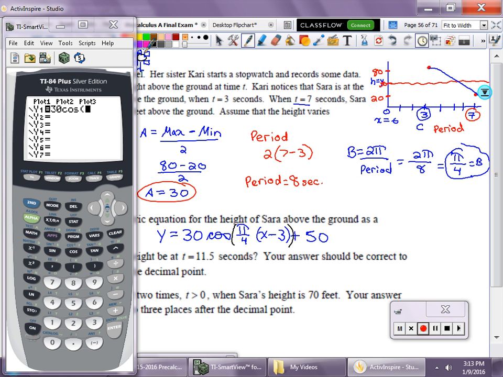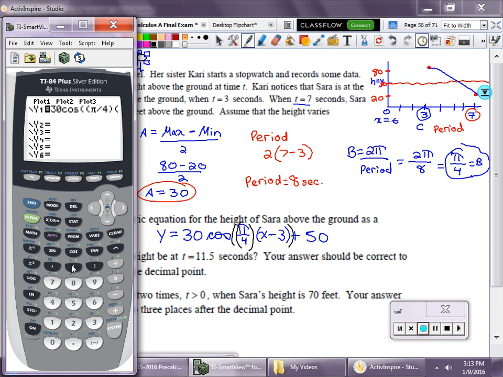Pi over 4 is a fraction, so it has to be in its own parentheses. Close it for B. Open it for your horizontal shift, which is x minus 3, shift to the right. Close it for your horizontal shift. Close it for the entire B and C combination, plus 50.